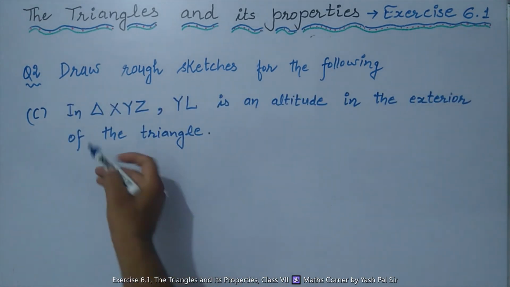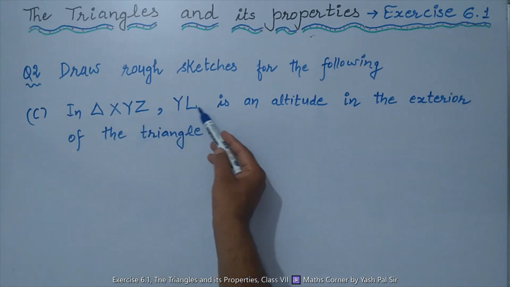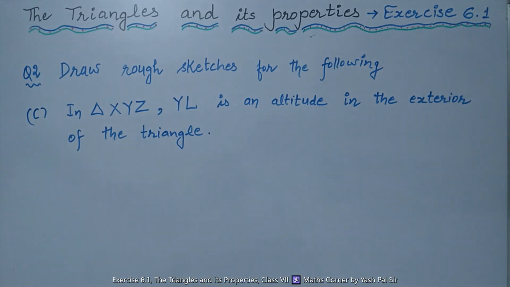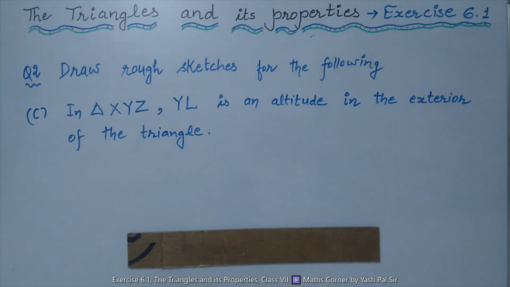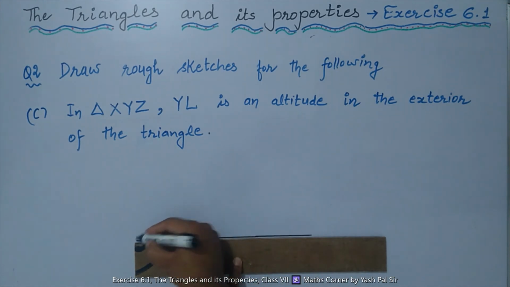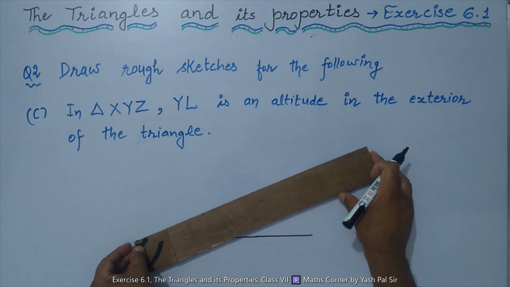What is C part? In triangle XYZ, YL is an altitude in the exterior of the triangle. So here we need to draw an obtuse angled triangle, right? This way, suppose we have one side, okay? We name another side is this.